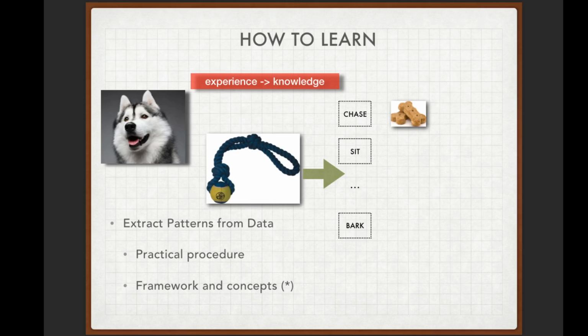Okay, let's discuss the how problem of learning, how to perform machine learning. Let's consider a very intuitive example. Say this is an intelligent dog, and the dog has some observations of the world, and her data consists of the stimuli, her action, reaction to the stimuli, and what is the reward.